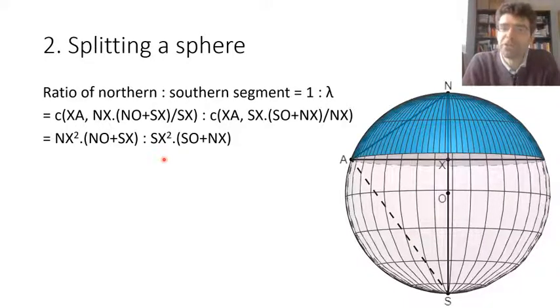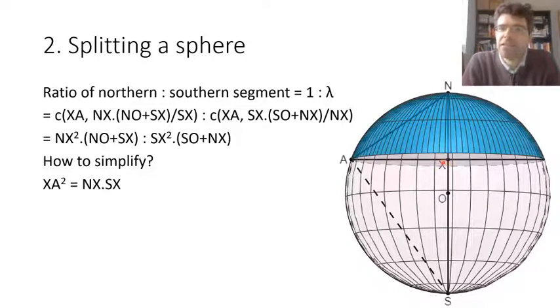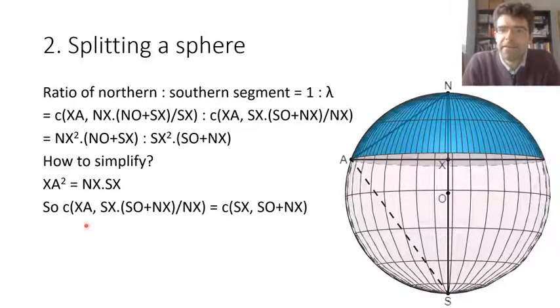And I'm going to do something similar, which is in fact even simpler than the method that Archimedes used. So we look at this and we say, well, Ax squared is Nx times Sx. So this is a famous circle theorem. So the southern segment can also be written as C Sx, So plus Nx.